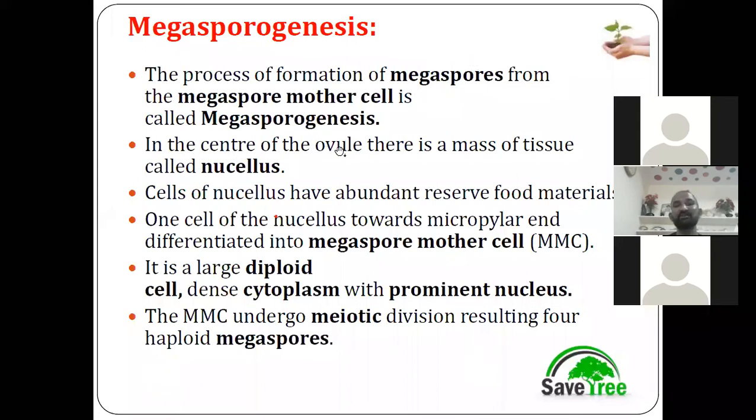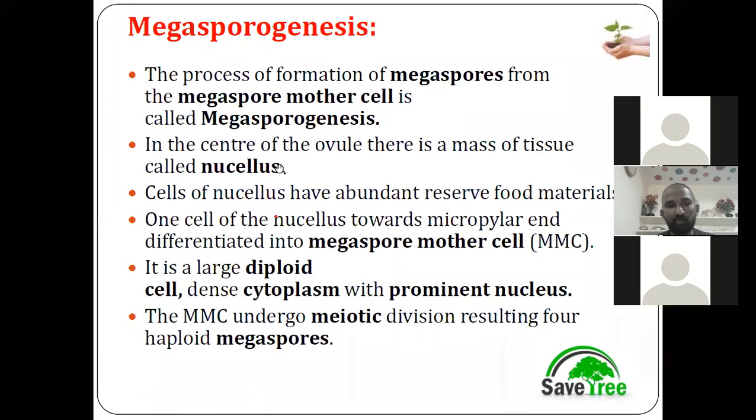At the center of the ovule there is a mass of tissue called the nucellus. The cells of the nucellus have abundant reserve food material. One cell of the nucellus towards the micropylar end acts as the megaspore mother cell.